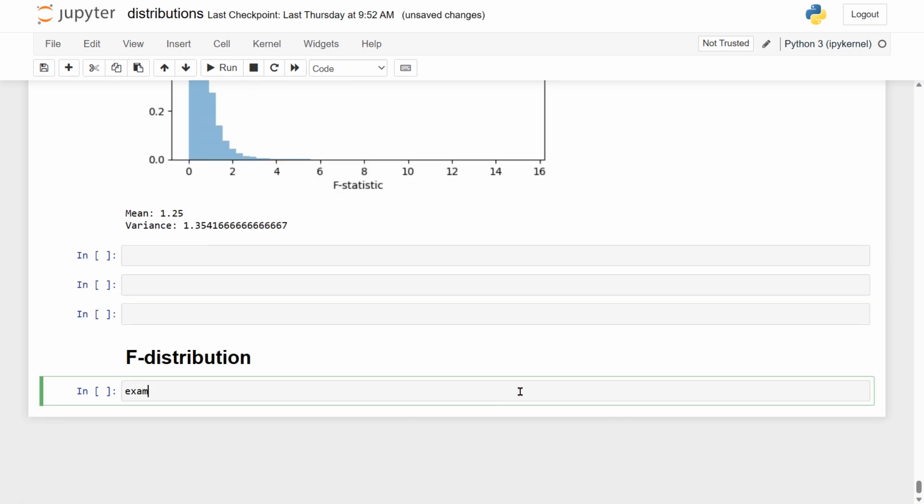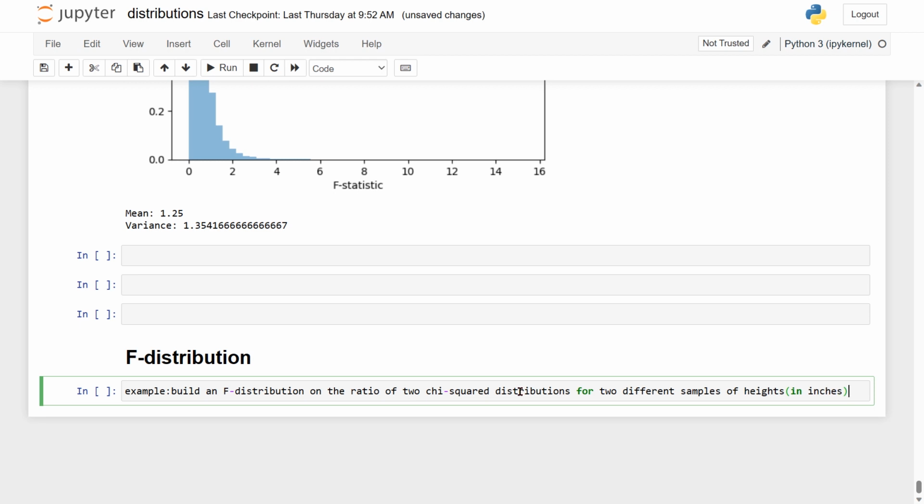The example we're going to take here is we want to build an F distribution on the ratio of two chi-squared distributions for two different samples of heights, let me say in inches, of different groups.